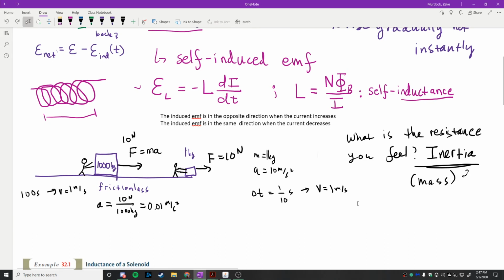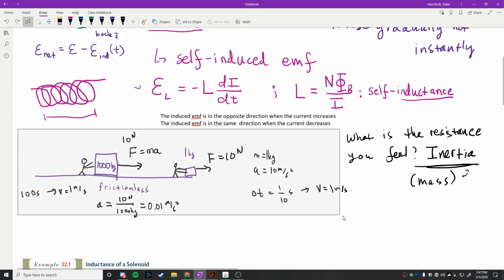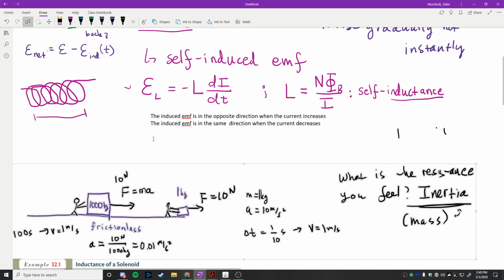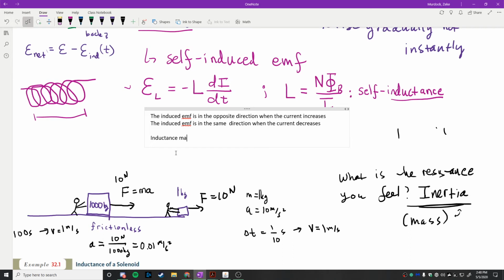Okay, so I'll type down here something else, which is that our analogy now is just all of this stuff. I'm going to move this down just a little bit. Inductance makes a circuit sluggish to changes in current.